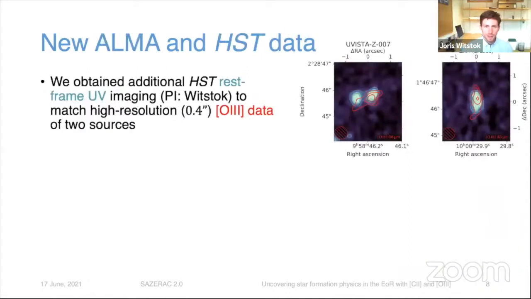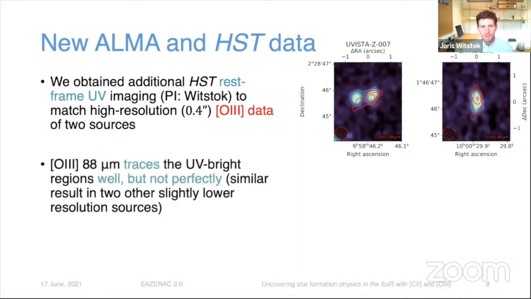On top of the ALMA data, we also obtained Hubble rest frame UV imaging for 2 out of the 4 sources. So what can we start to see? I'm showing the O3 contours here on top of the rest frame UV. You can see the O3 line traces the rest frame UV quite well, but there's not a perfect one-to-one match. And this is the same in the other 2 sources.